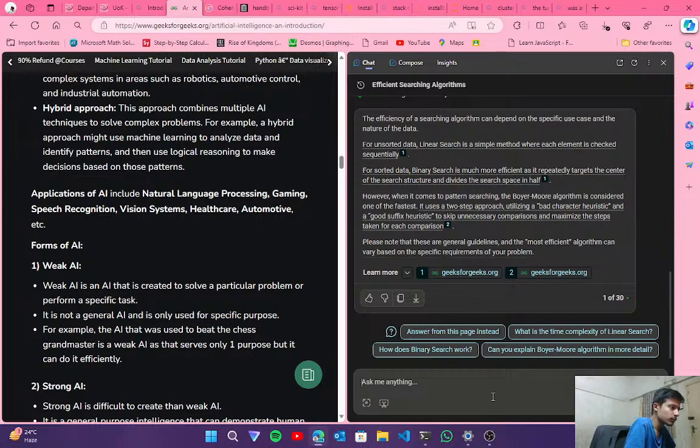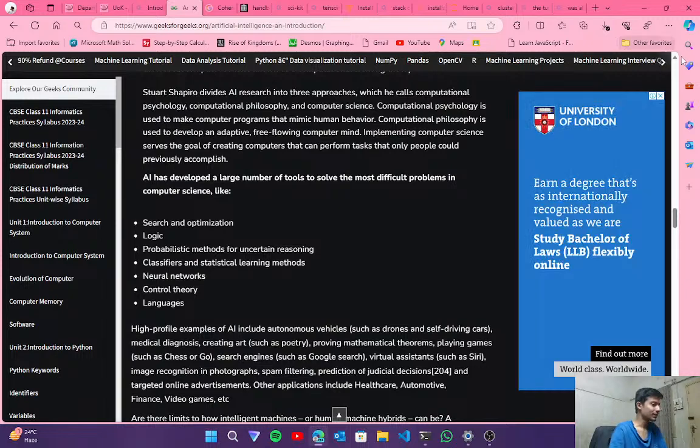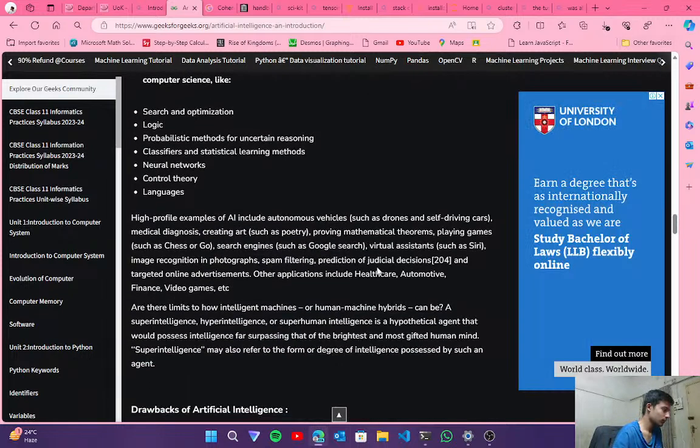So for unsorted data, linear search, for sorted data, binary search, and then a simple algorithm when it comes to pattern searching. So the two most basic algorithms are the most efficient ones.